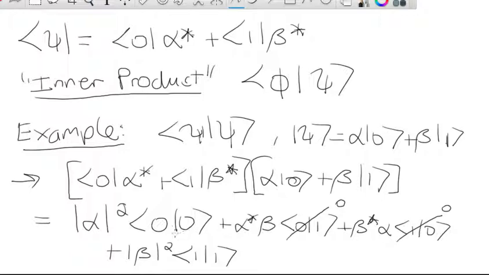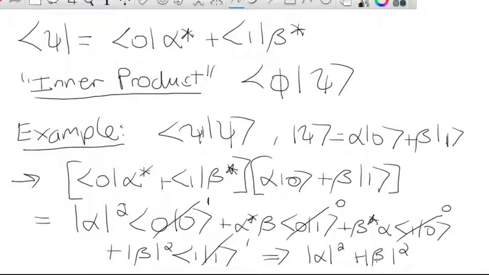And whenever things are identical, so we have bra 0 ket 0 and bra 1 ket 1, when both elements are the same, it's normalized to 1. So putting everything together, we find the inner product of psi with itself is equal to the modulus of alpha squared plus the modulus of beta squared.